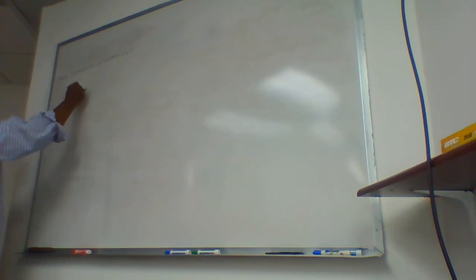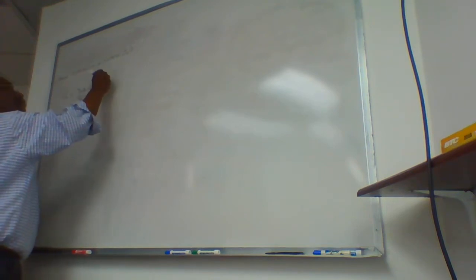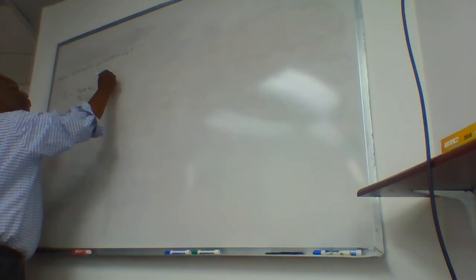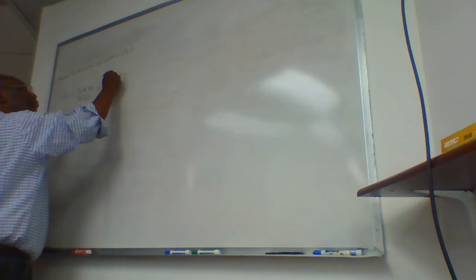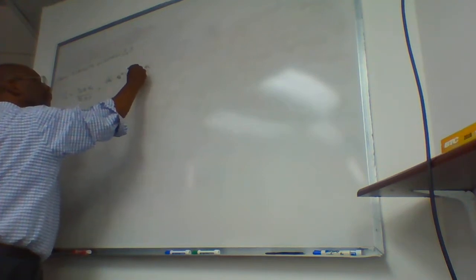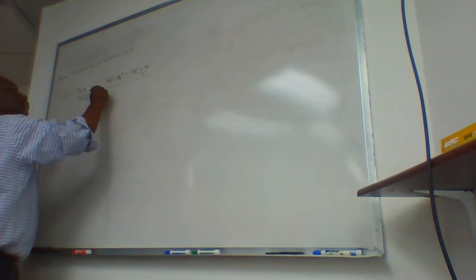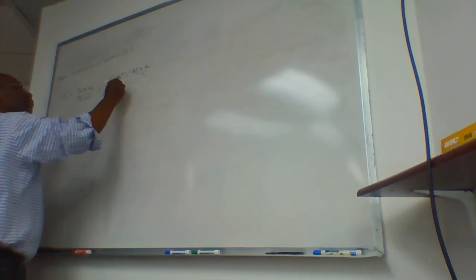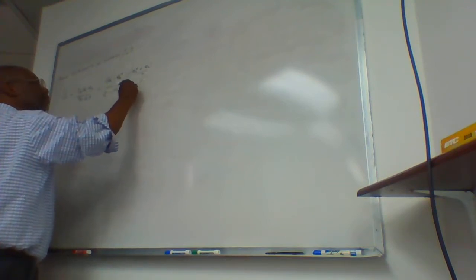E of S is the percentage change in QS. So elasticity of supply is fairly straightforward.